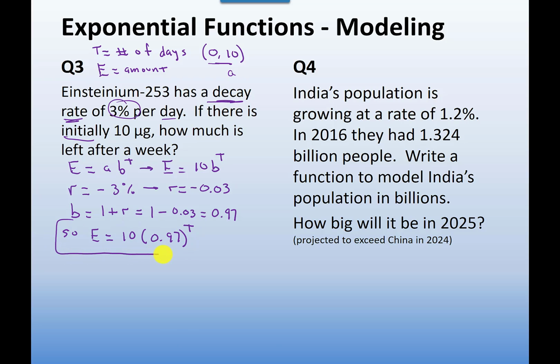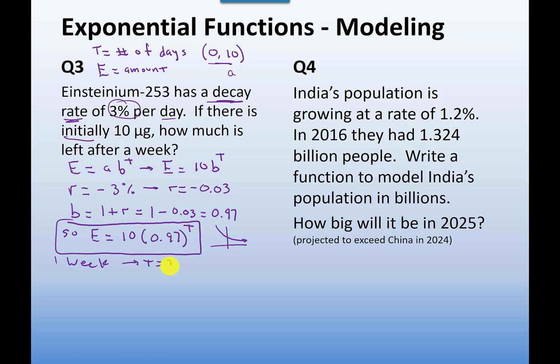There is the equation. Now notice the B number is smaller than 1. When it's smaller than 1, you are going to get decay. And that's what the problem says. Einsteinium is a radioactive chemical, so over time it loses its mass. And ask your physics teacher about the rest of that. But we did have a question to expand on this: 1 week, which is t equals 7.